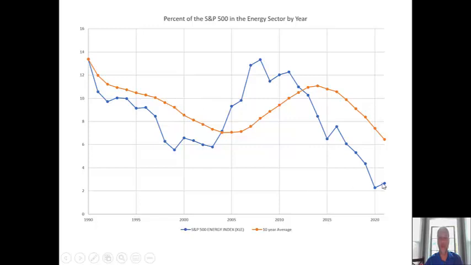So if instead of investing here in the energy sector of only a little over 2% in 2022, you invested in the 10-year average, you would have had over 6% and would have participated more heavily in the energy sector in 2022 when it did very well.